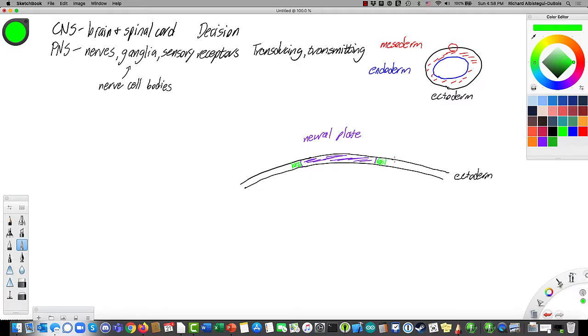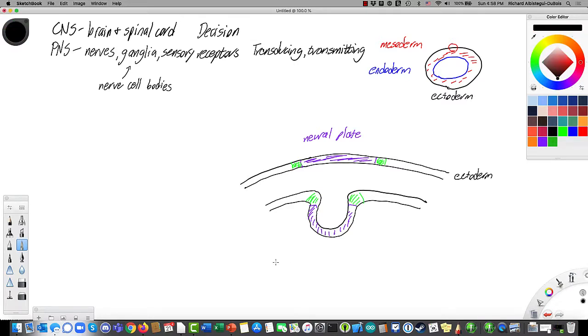And what happens at one point during this development is that this neural plate sort of pouches in, like so. So that the neural plate part is forming this section here, and the borders come in like so.